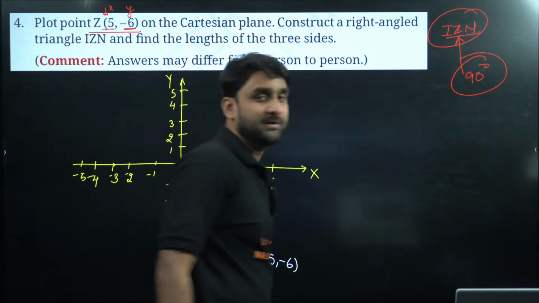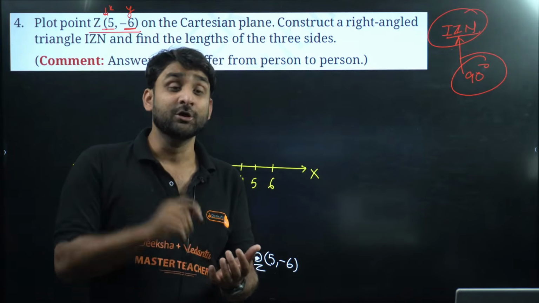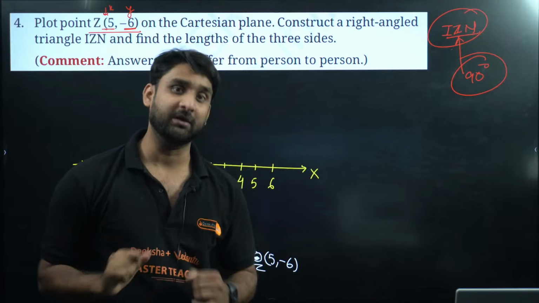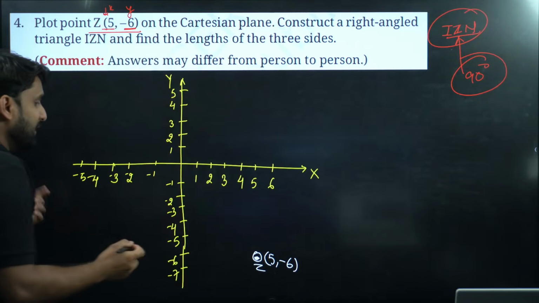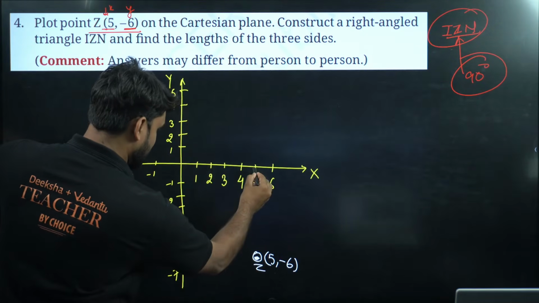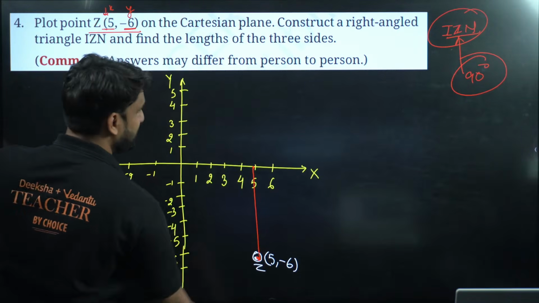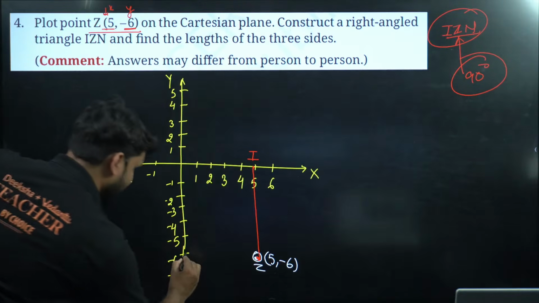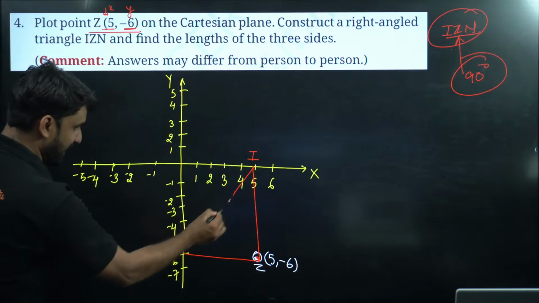If the question is asking to draw the IZN right angle triangle, Z will occupy the position of 90 degree because that is the center point. So just imagine, if we join this 5 from this I, so I should be here, IZ, and N. Come on, N should be here. Then only we can make a right angle triangle.